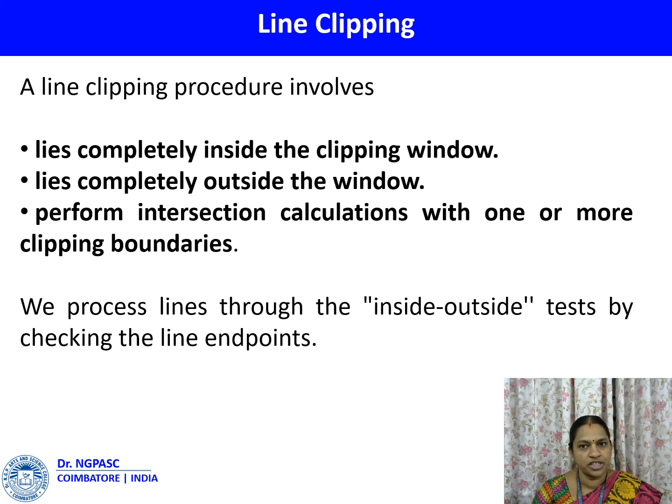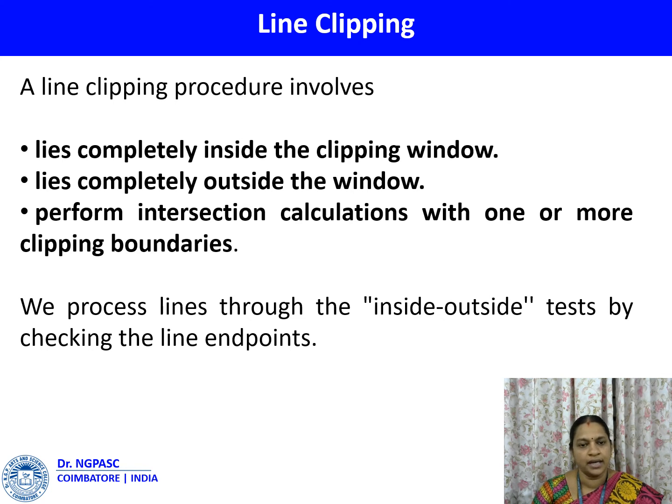The clipping procedure involves three categories. That means both the endpoints of the line lie completely inside the clipping window. That means the given line lies inside the window, or it may lie completely outside the window. That means both the endpoints can be completely outside the window.